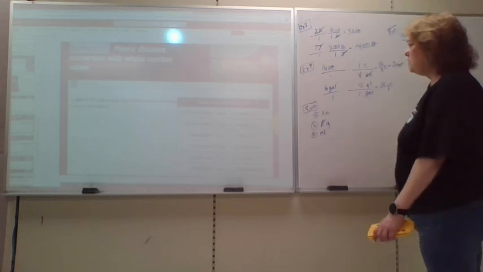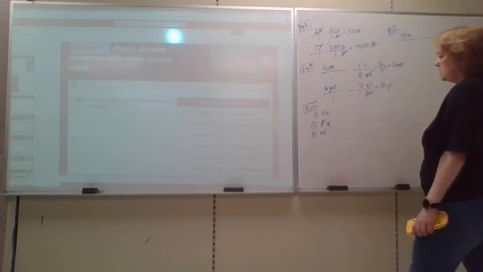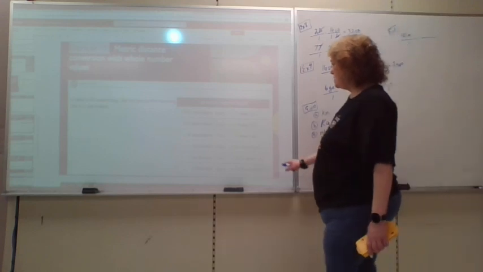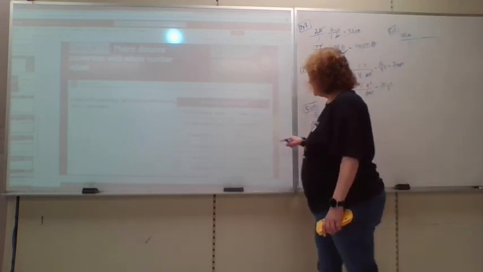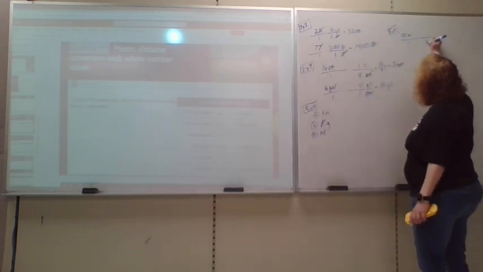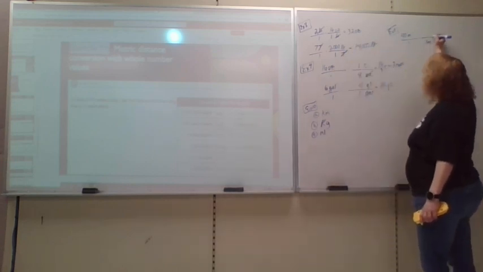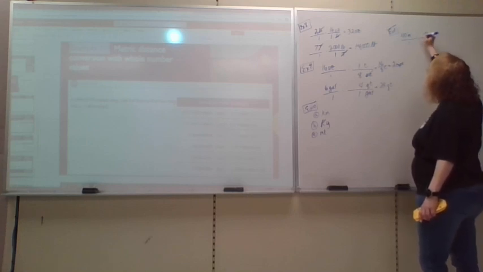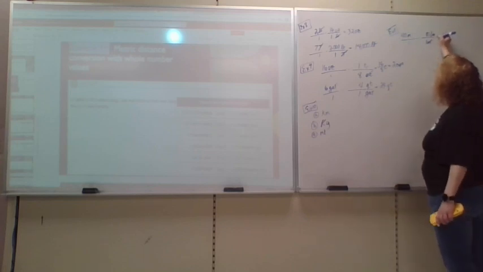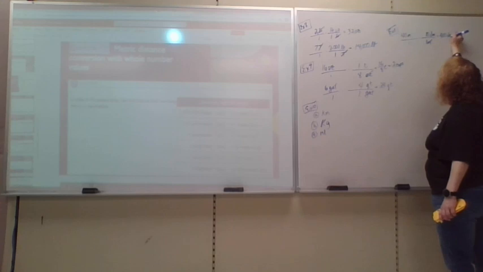So 40 meters, and we'll go to decimeters. So it looks like this one we will be using. I'm going to put my meters here and my decimeters here. That's a DM, yes it is. So my meters go away, that leaves me with 40 times 10, which is 400 decimeters.